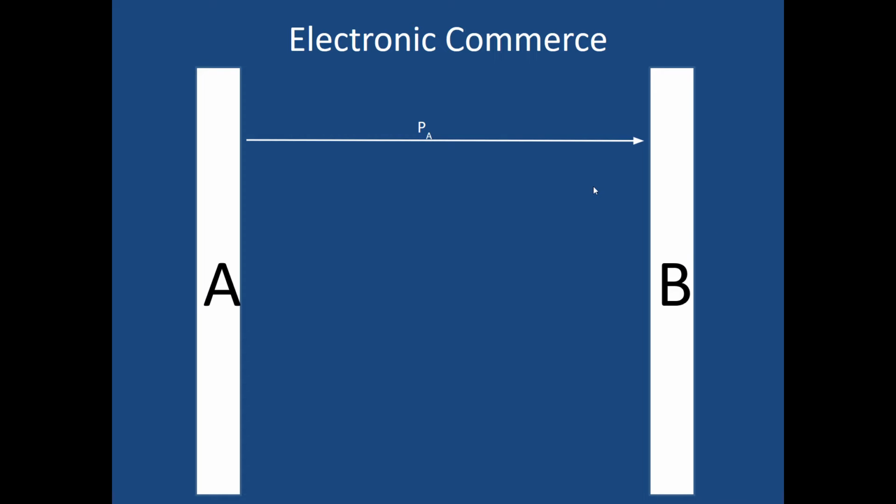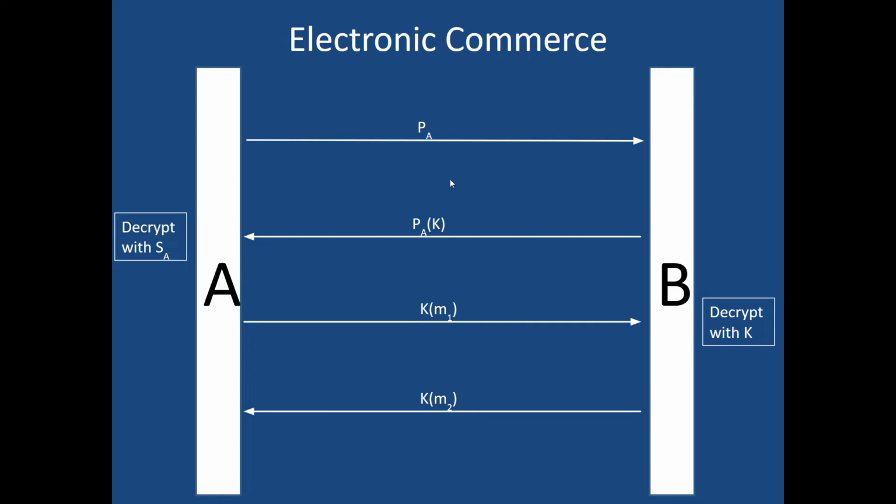Right, so it'll generate that key like before, but instead of sending the key back in plain text, it'll encrypt it with the public key and send that to Amazon. Now, Amazon is able to decrypt it because Amazon knows its secret key. Now both sides have agreed on that K, and communications can go as before.